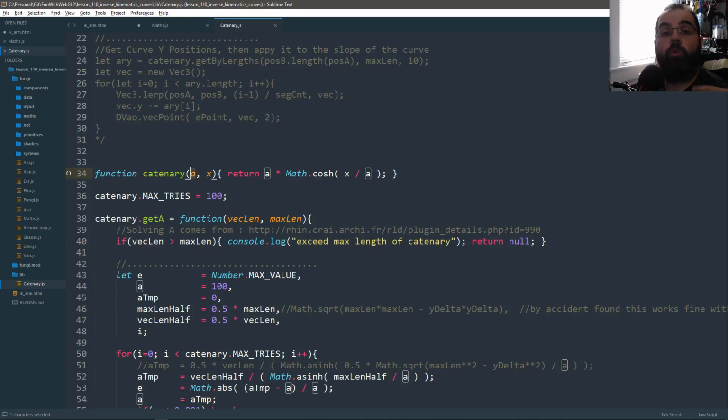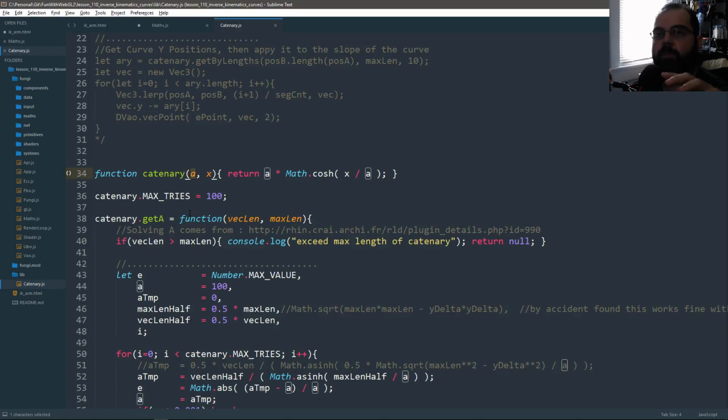If you have a rope or chain between two points, this algorithm can calculate that specific curve of a hanging rope or chain. If they're perfectly even, then the end result is that perfect parabolic kind of curve.